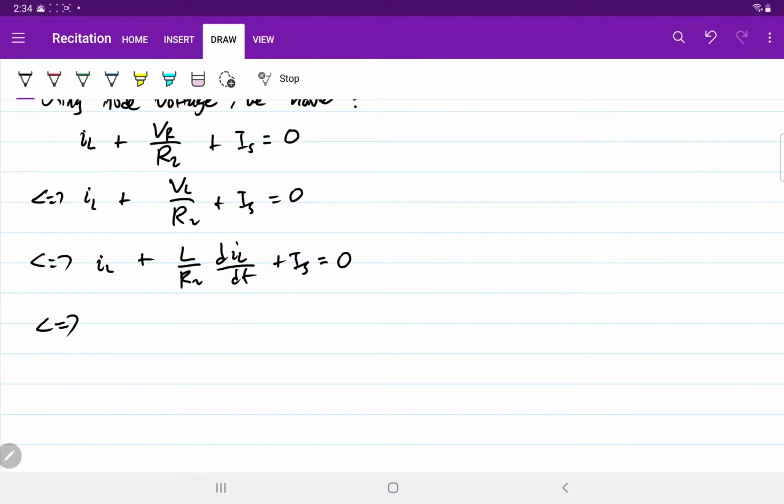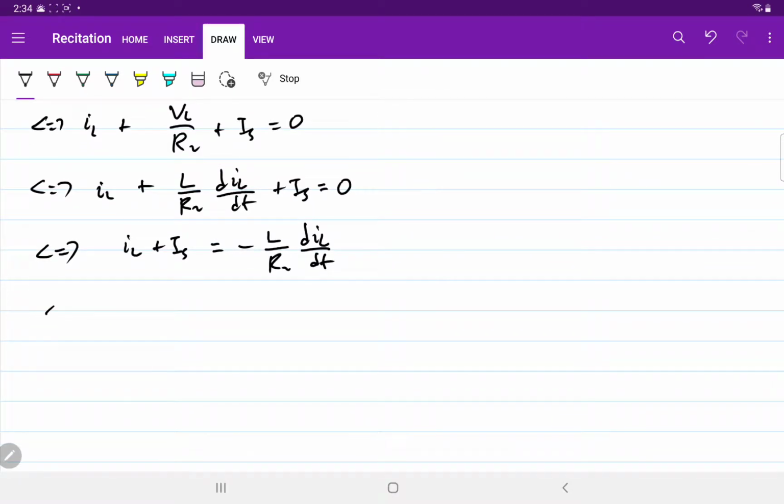Okay, so let's put this on the other side. So I have IL plus IS equals minus L over R2 times dIL over dt, and I can do this as well.